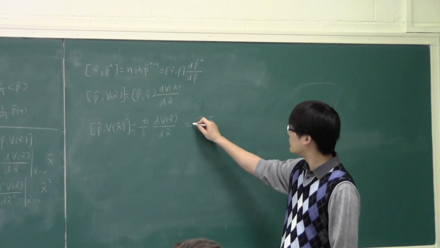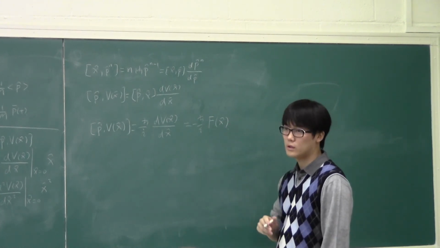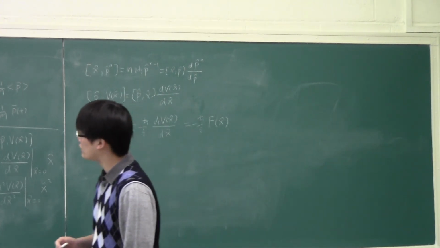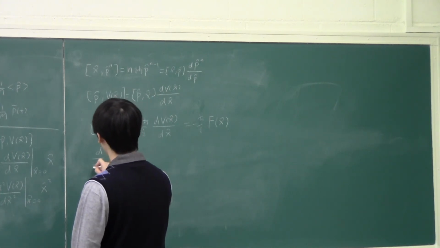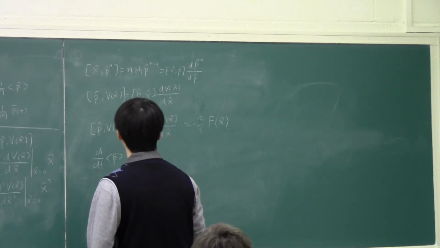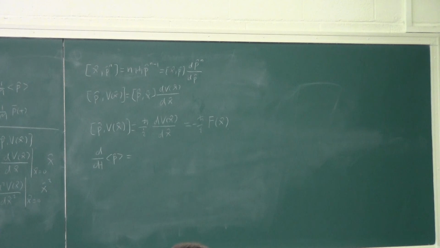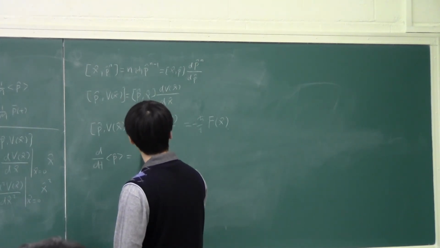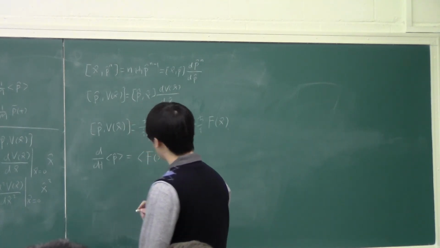And it should be minus the force, right? Okay. So now I plug this into the equation of motion here, right there. I can say that the time derivative of the expectation value of p is equal to, now that minus i over h bar is going to come in. Minus i h bar, this cancels. So this is equal to the expectation value of the force operator.